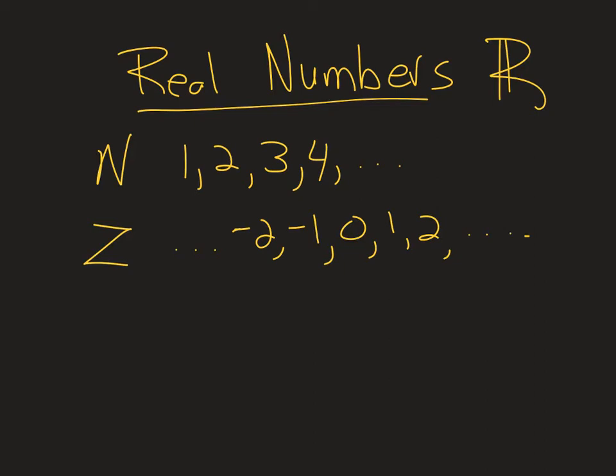Then we have the rational numbers, which we represent with a Q, not an R, because R is used for the real numbers. And this is the set of all numbers that can be written. So it's the set of all x such that x can be written in the form P over Q, where P and Q are integers.